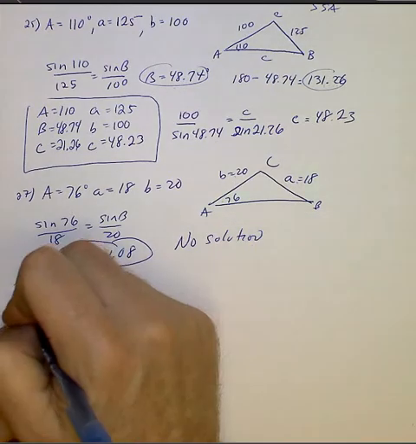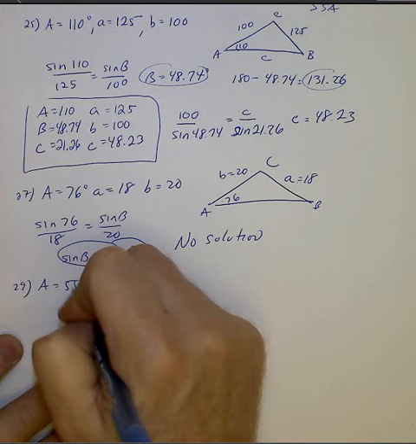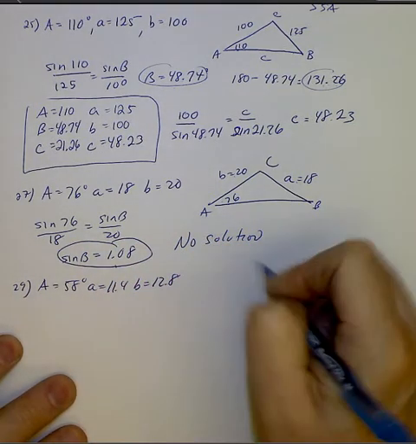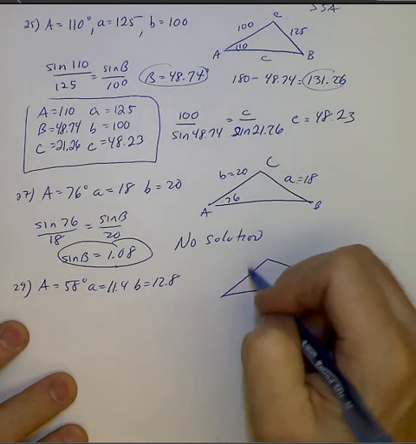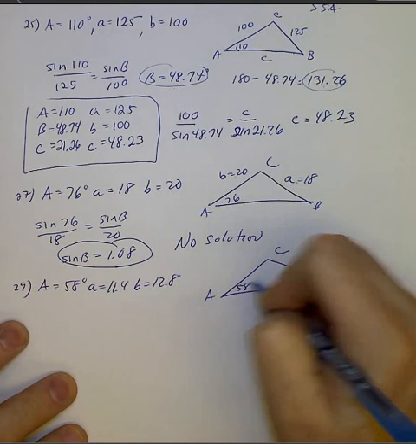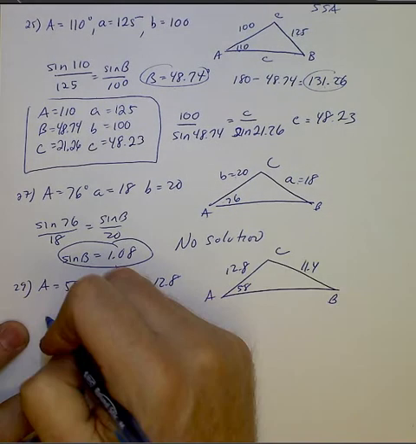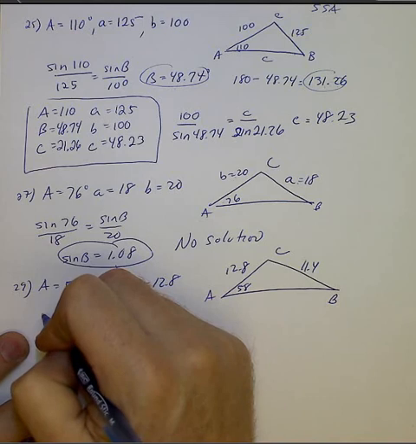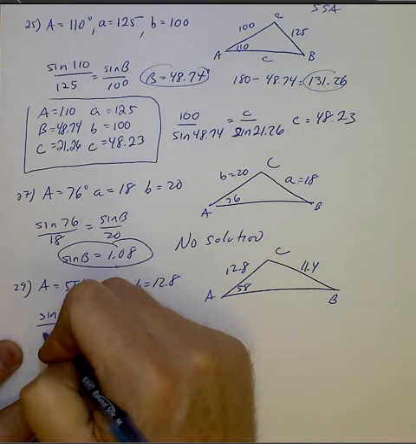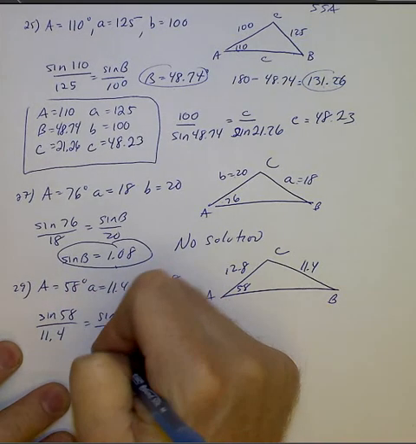In 29, we are given A equals 58, little a equals 11.4, little b equals 12.8. So we'll go ahead and create the triangle ABC. We have 58, we got 11.4, we have 12.8. We'll go ahead and do the law of sines. We'll get the sine of 58 over 11.4 equals the sine of b over 12.8.